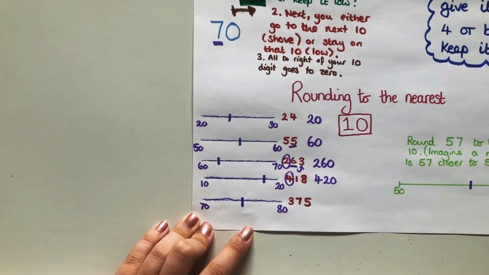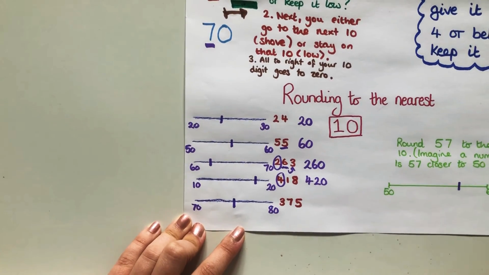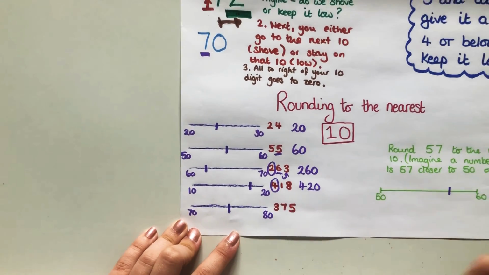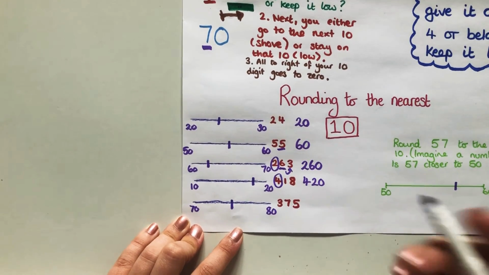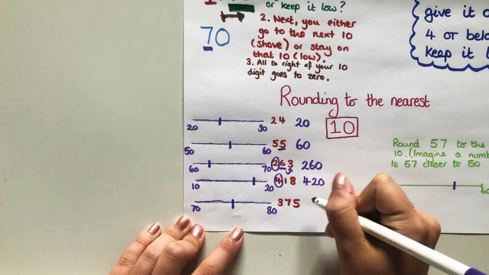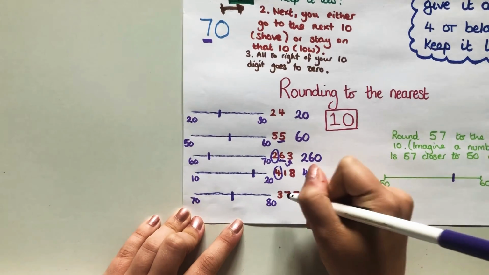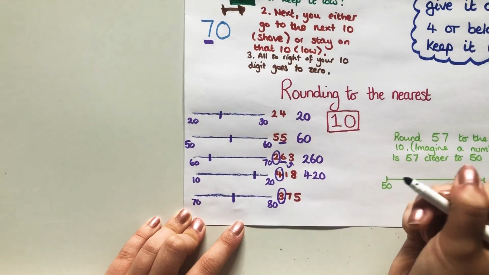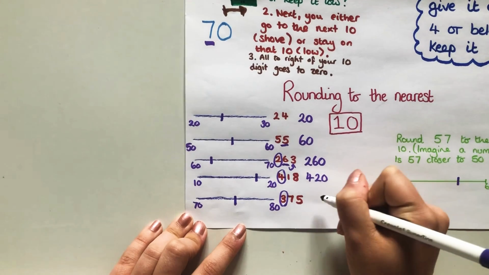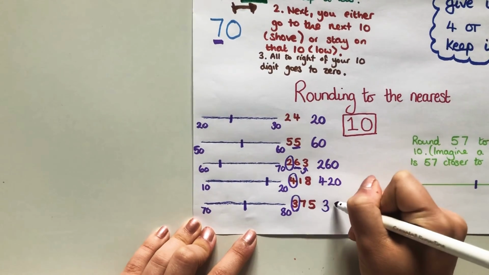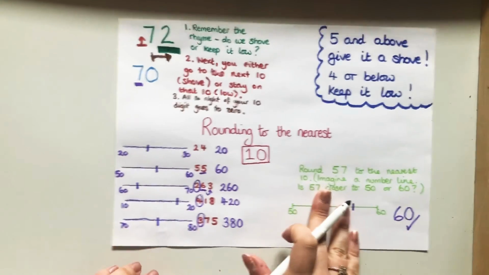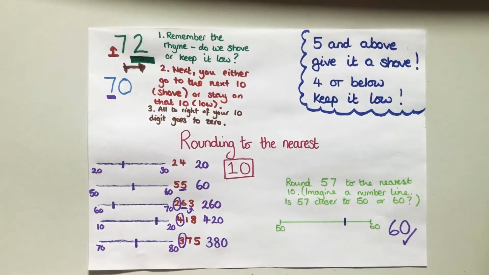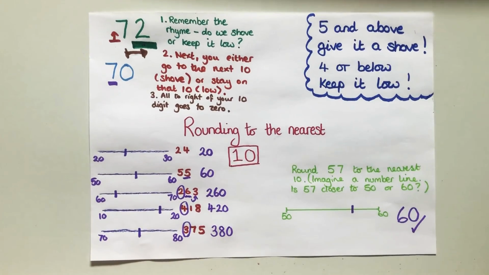So the number line doesn't help us. We remember our rhyme. 5 and above, give it a shove. 4 or below, keep it low. So we are giving it a shove, which means it is going to be 80. But I now need to remember my 100 over here. And it will be 380.